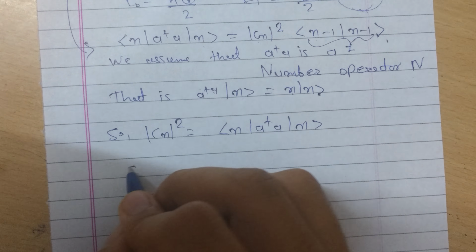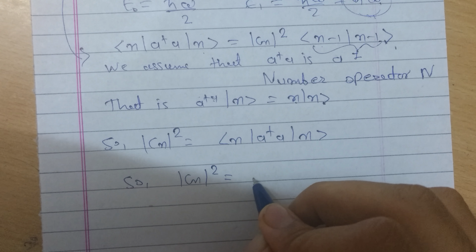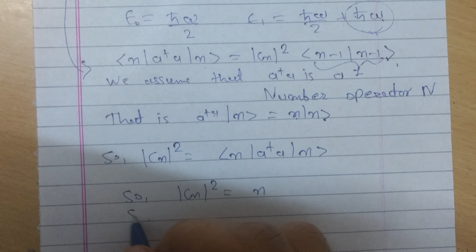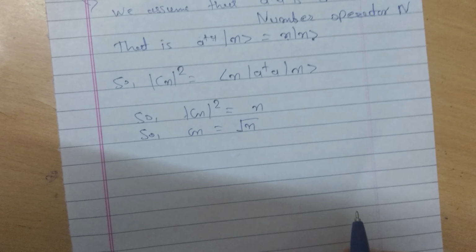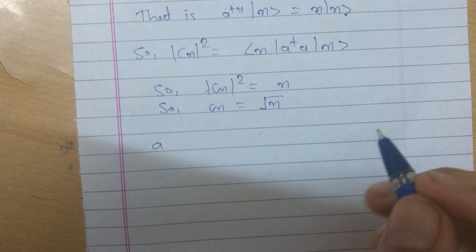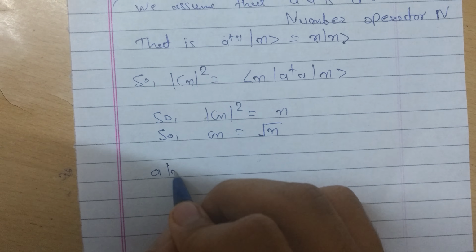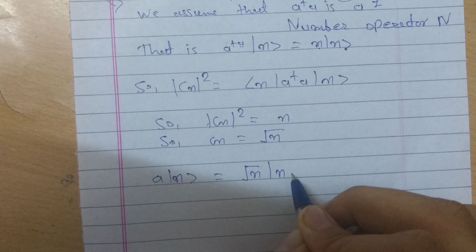So simply we can write that modulus of cn square is equal to n, so cn is equal to square root of n. So basically the lowering operator, if we operate on this, then we get root n times ket n minus 1.